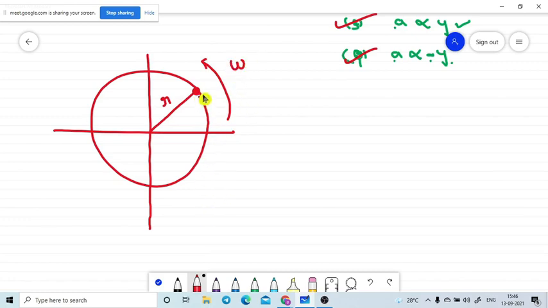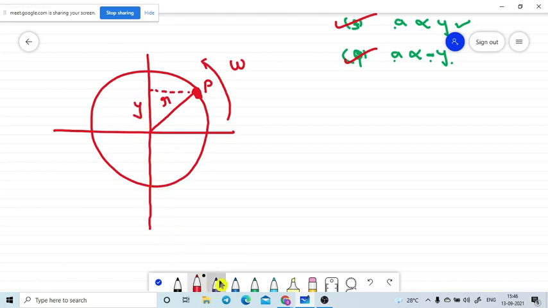Let me take the position of the particle at a given instant at point P. Please concentrate here. If you take the projection of the particle on the y-axis from its mean position, let me take it as y.